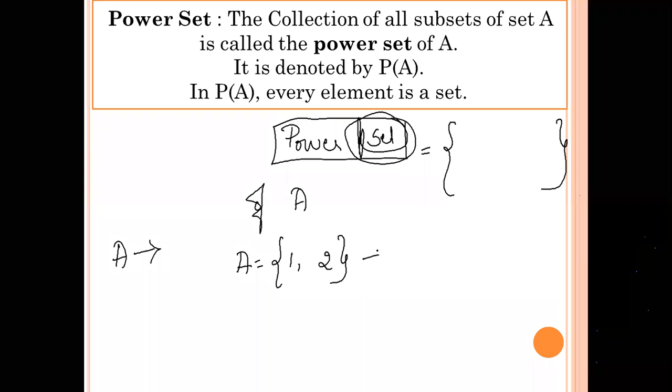It has 2 elements. So what is the number of subsets possible? It is 4, because 2 square is equal to 4.